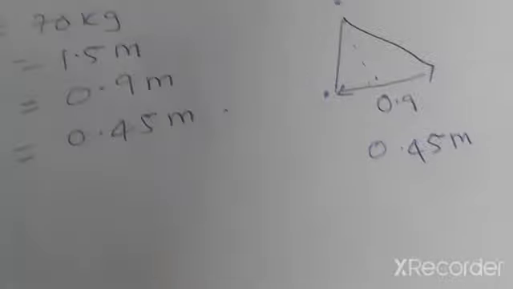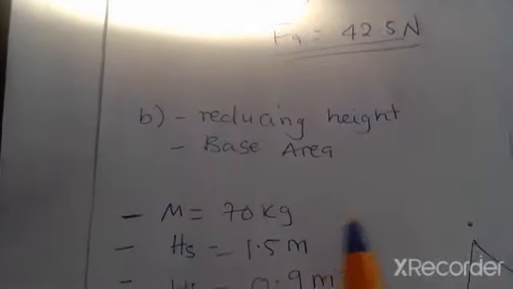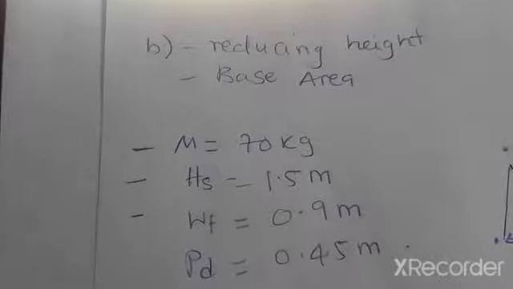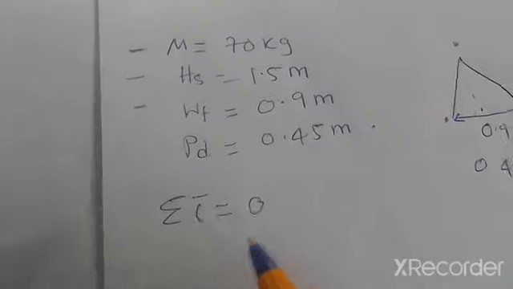Now we want to find the force that's going to make this new person topple. We are going to use the same procedure that we used in part A, where we say that the summation of the torque is equal to 0.